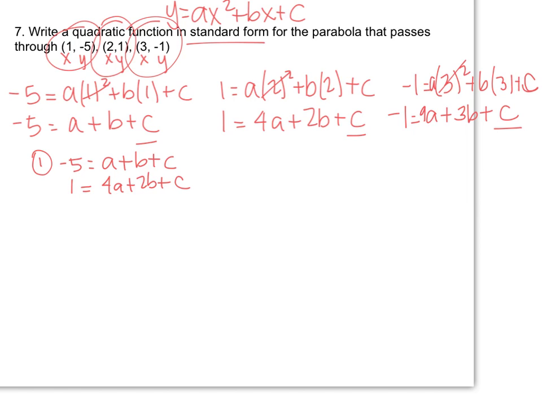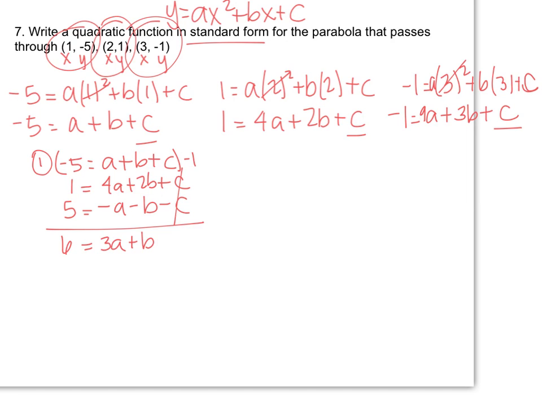Doesn't matter which one, so I'll just choose the top. So that would be 5 equals -a minus b minus c. So that would be 6 equals 4a minus a is 3a, 2b minus b is b, and then the c's cancel. So now I have an equation that only has an a and a b.